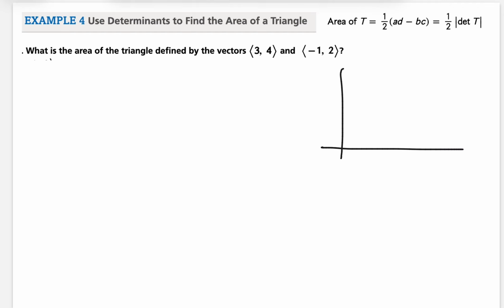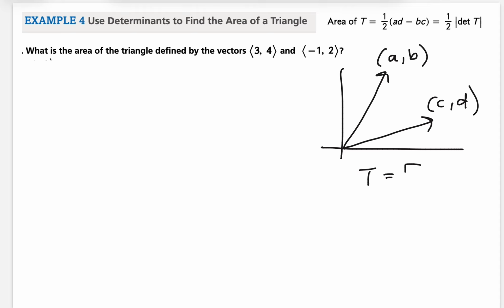If I have two vectors, I'm just going to call this vector AB and this vector CD. We can set up a matrix with those points. If we call this matrix T, we can make it AB because we put the X and the Y, and CD.